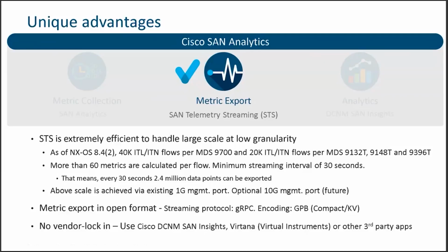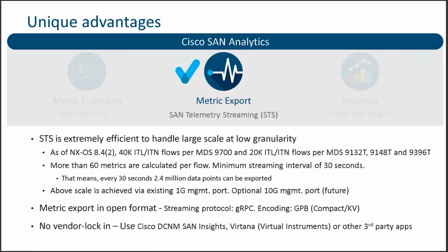So if you think about our traditional monitoring mechanisms like SNMP, or any API, they don't scale at that level, right? And we have some testing numbers on what happens if you export via one mechanism versus another. If we try to export the numbers you see on the slide, which is 40,000 flows and 70 metrics per flow, we're talking about 2.5 million metrics at every export.